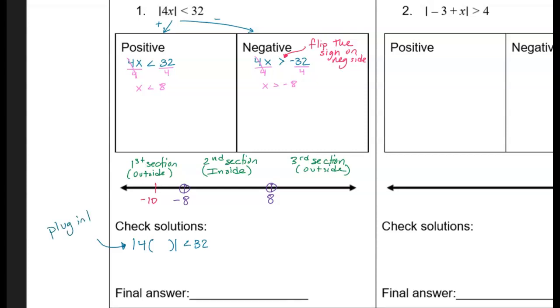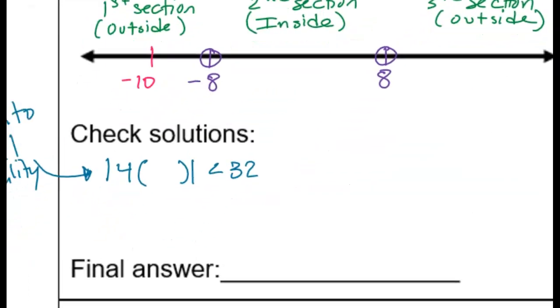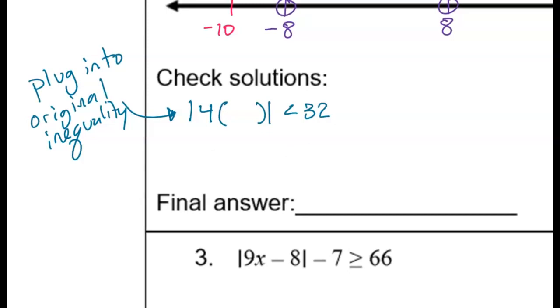Plug into original inequality. So I'm going to take -10 and substitute it for what was x in our original. So then I have 4 times -10, -40, is less than 32. And the absolute value of -40 is 40.